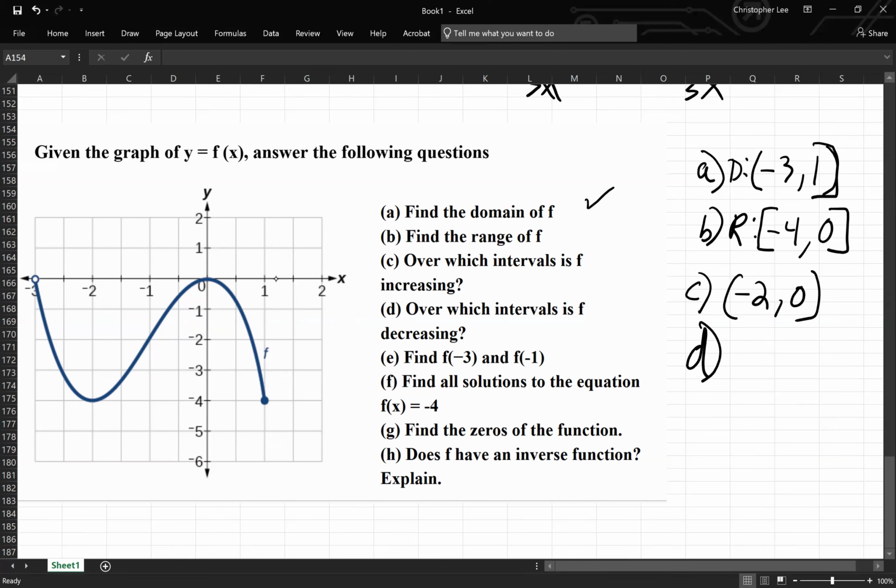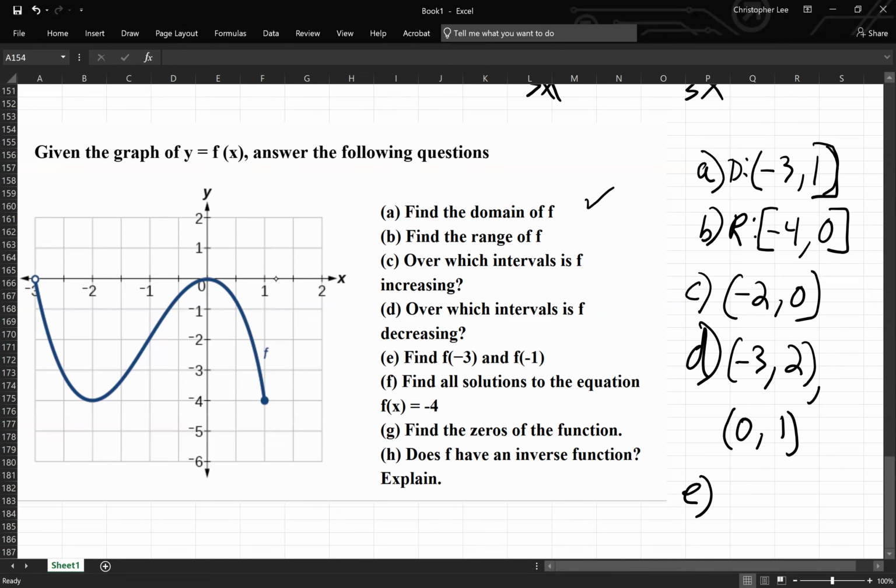So for D, we're going from -3, not included, all the way up to 2, not included. That is going to be our A, B, C, D, decreasing, right? And from 0 to 1, we're also decreasing, right? A, B, C, D, E.